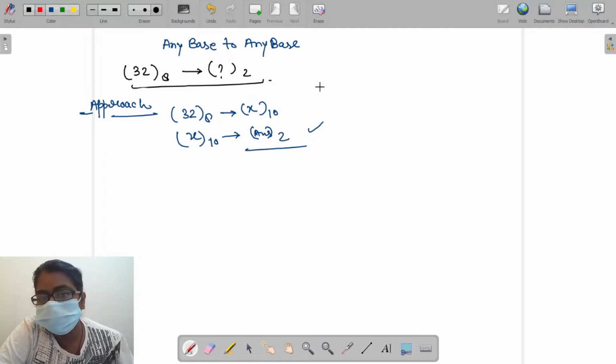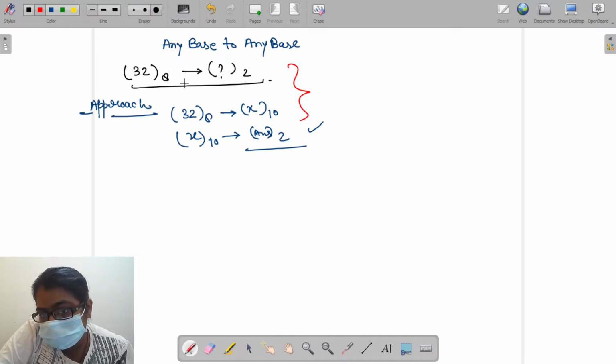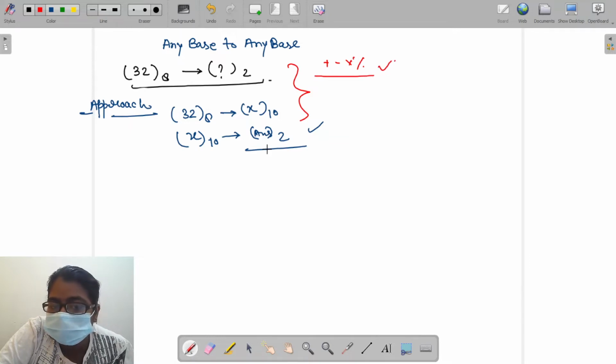Here is one thing: why are we converting it first to decimal and then to binary, why can't we convert directly? The reason is that there are some operations, plus, minus, multiply, divide, which have to be performed during this conversion.